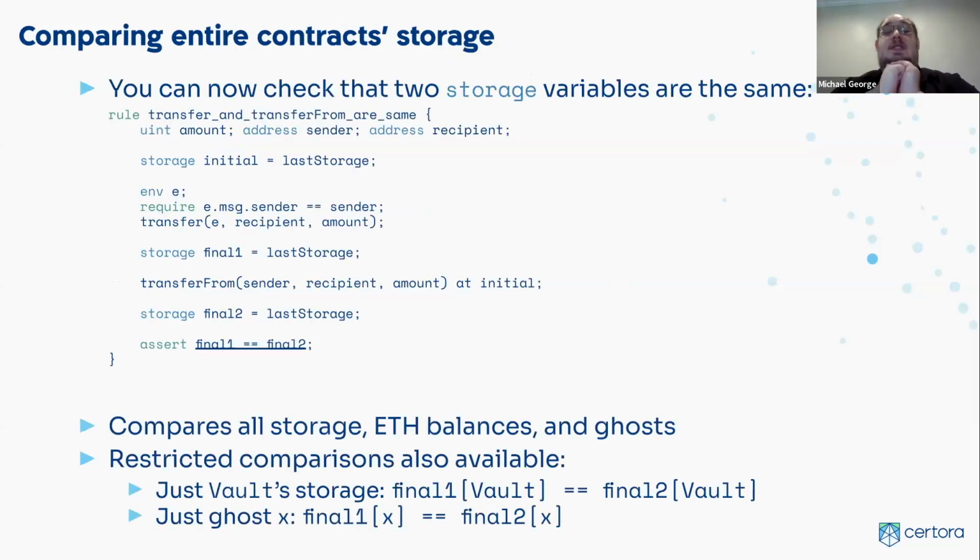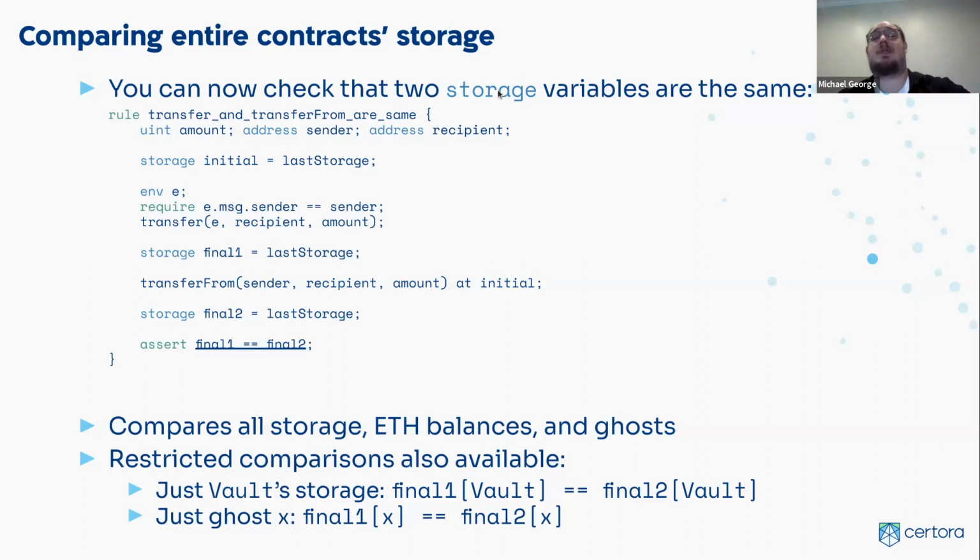The other feature that lets you reason about the state of the blockchain is actually quite a big change and quite a useful feature. And this is the ability to compare storage variables. So storage variables, you may recall, are used to implement properties that compare different hypothetical executions.